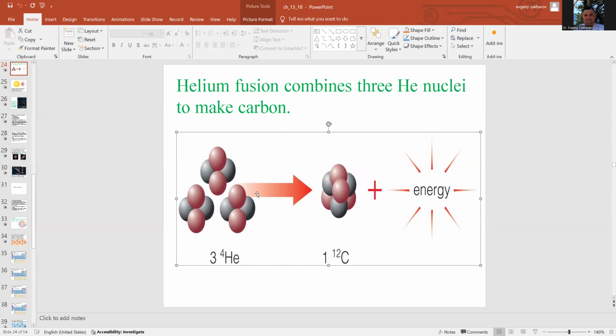And this happens all the way up to iron. Once you get to iron, it's not plus energy anymore, it's minus energy. That's the big difference. And because it's minus energy, all the energy that you used to support the star in its original stable conditions, all that energy is removed, and you don't just have it anymore.